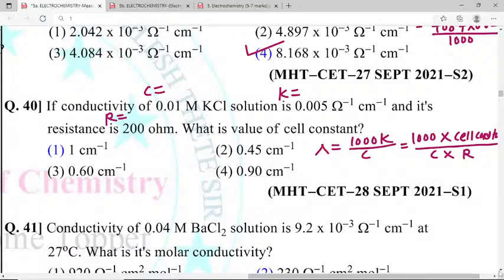So what is the value of the cell constant? We have to calculate the cell constant.